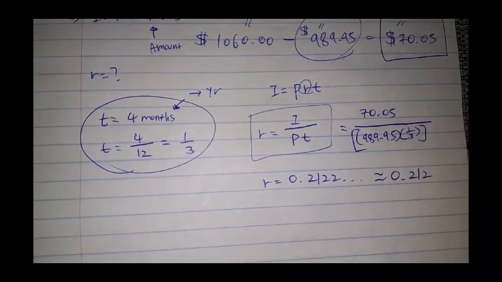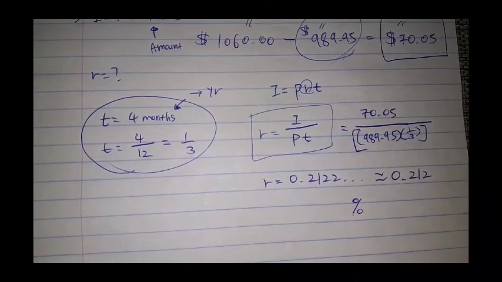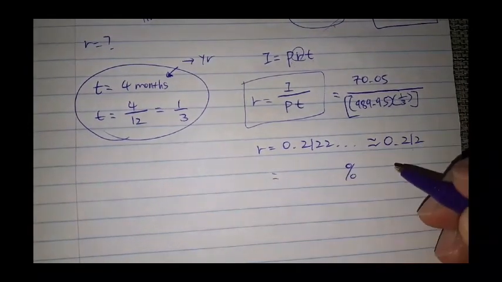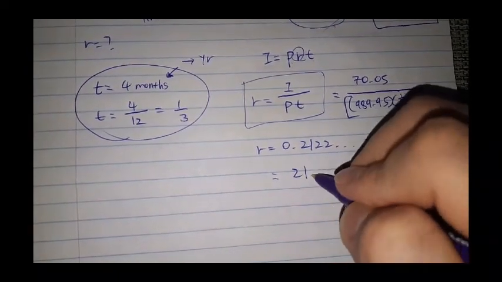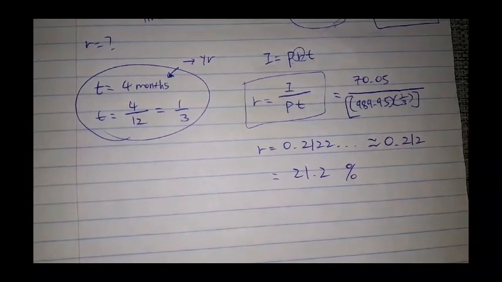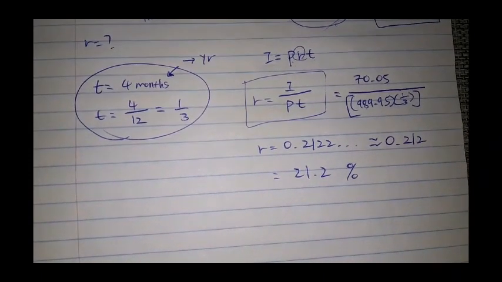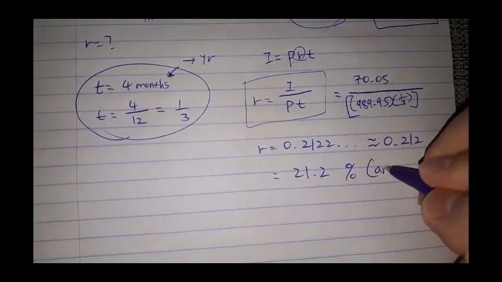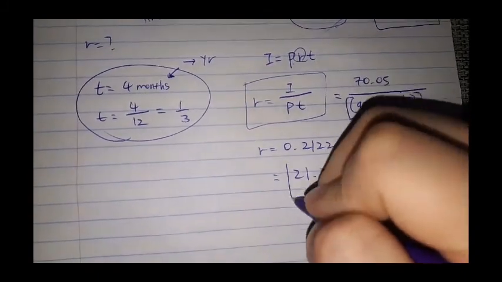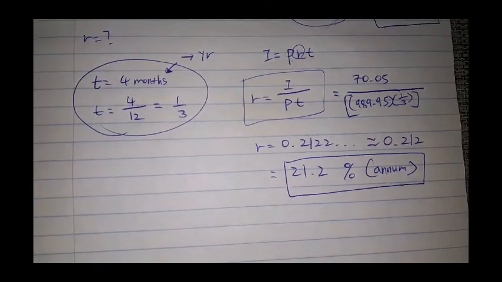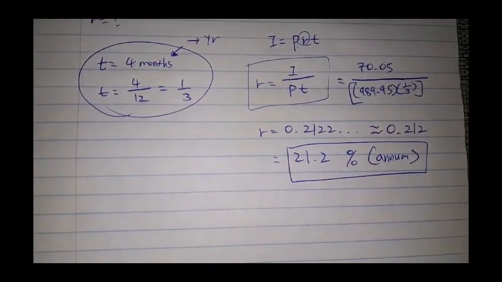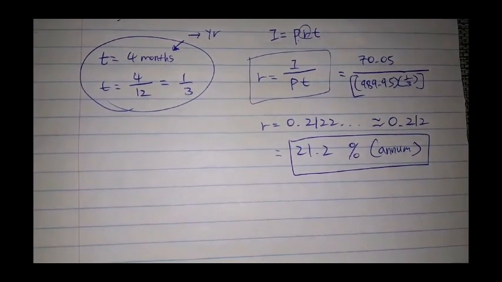Then if you want to convert it into a percentage, just multiply by 100. 21.2% is your annual interest rate, which is a little bit bigger than 1/5.